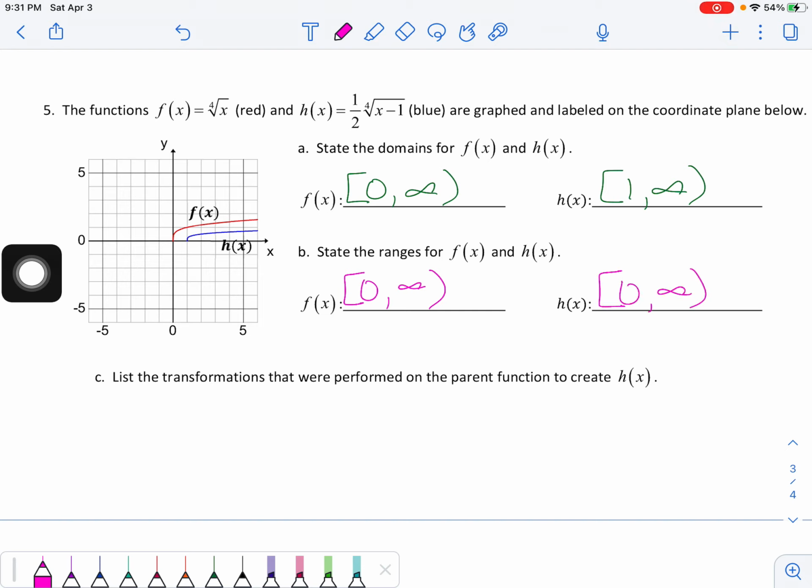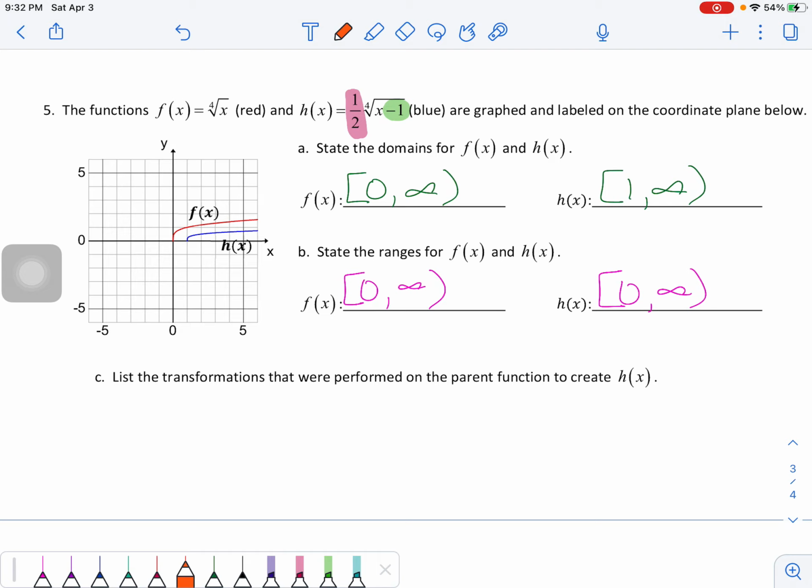So 0 to infinity. List the transformations that were performed on the parent function to create h of x. So if I look at h of x, we've got a 1/2 here, and we have a -1 here. So let's write out what those would be.